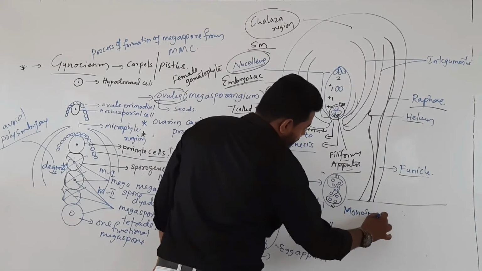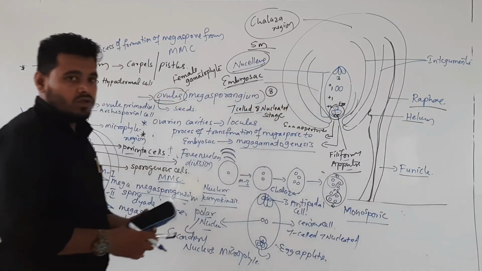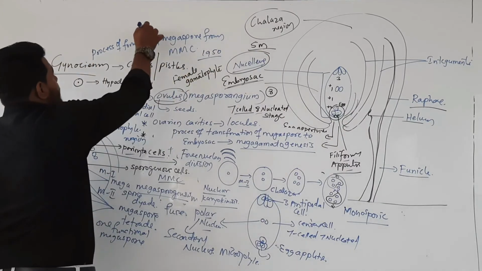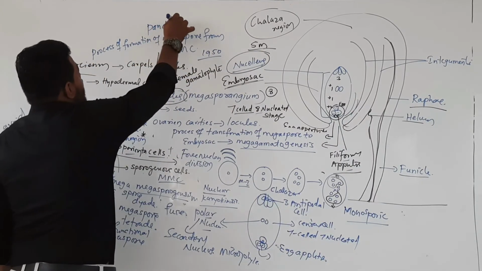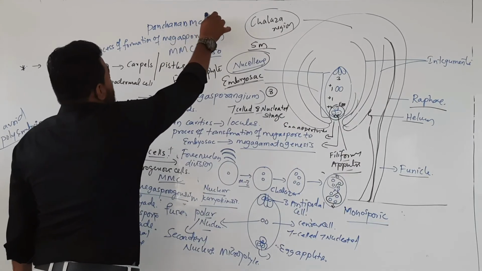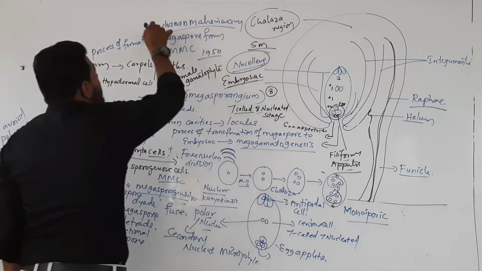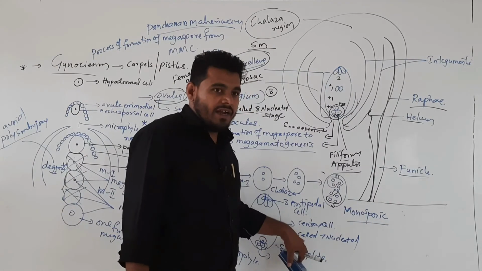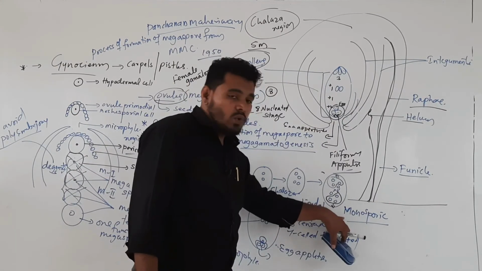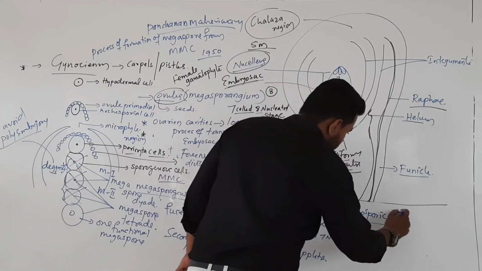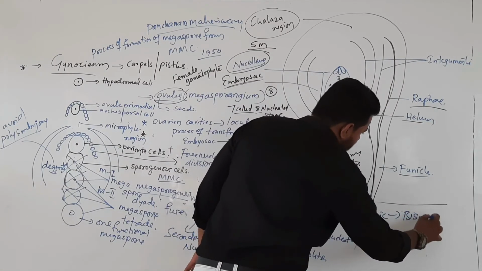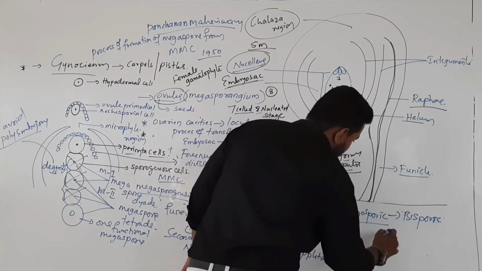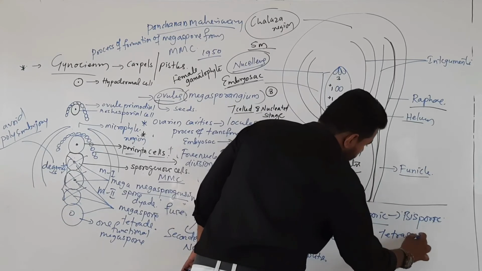Okay, this type of development is monosporic. Remember, monosporic. In 1950, Panchanan Maheshwari divided the flowering plants' embryo sac into monosporic type, bisporic type and tetrasporic type.